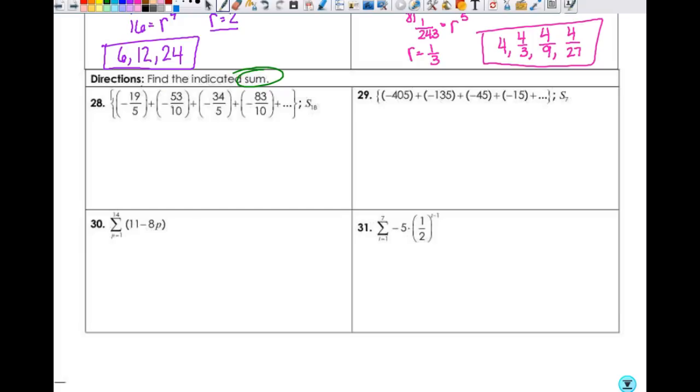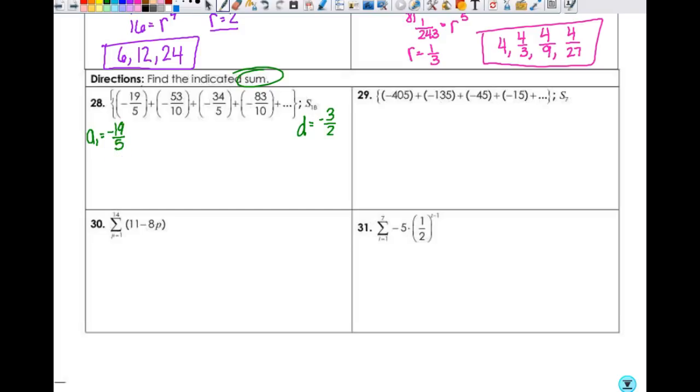So once you have figured that stuff out, you will see that this is arithmetic, okay, and that the common difference is -3/2. In order for me to use the sum formula for arithmetic series, I have to have A1, which I do. A1 is equal to -19/5.